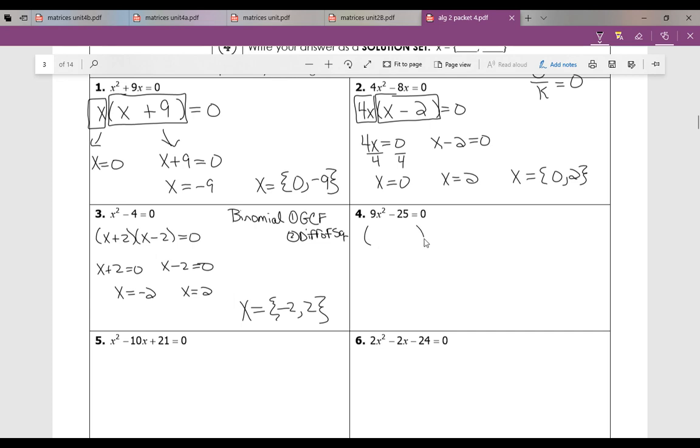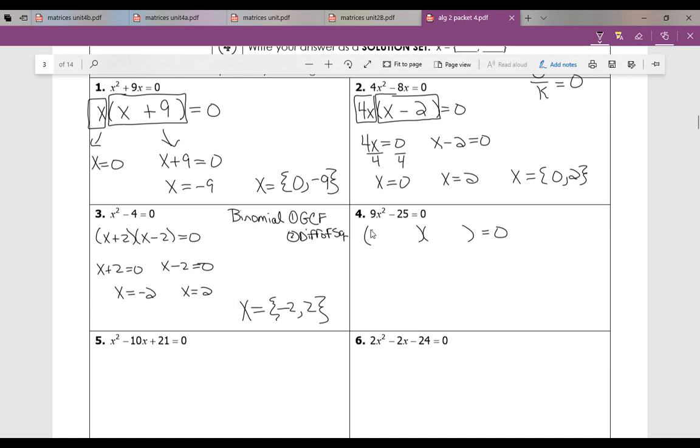How would you factor that problem? There is no greatest common factor, so I can't do this part. It is a difference of squares. How would you factor it? How would you break up the 9x squared?